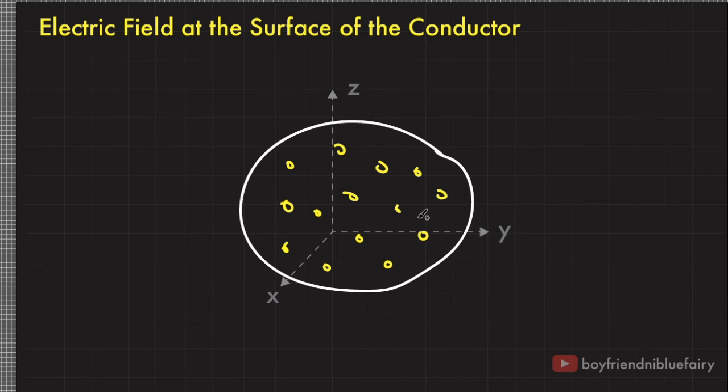Assuming that they have the same charge, each of them will experience a repulsive force from other charges. Therefore, they have a tendency to move away from each other. So eventually, when they reach electrostatic equilibrium, those charges will accumulate on the surface of the conductor.